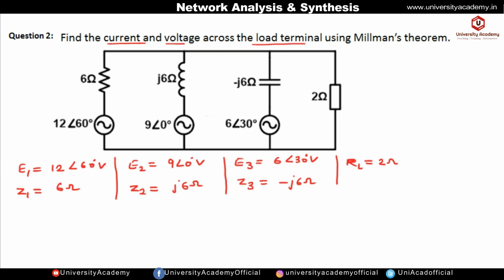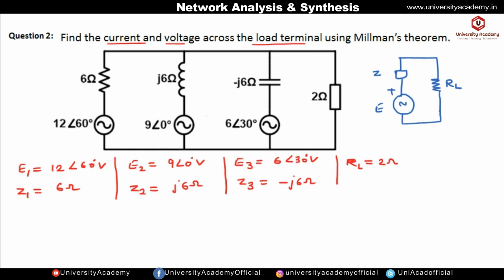Okay, now we will convert this entire circuit into a simple equivalent circuit consisting of an impedance Z connected in series with the voltage source E, and this is connected in series with the load, which is a pure resistive load RL.